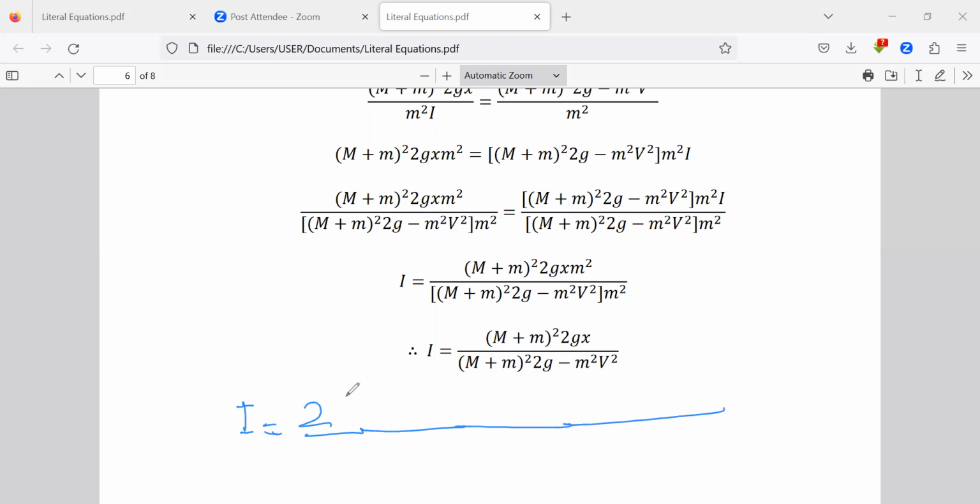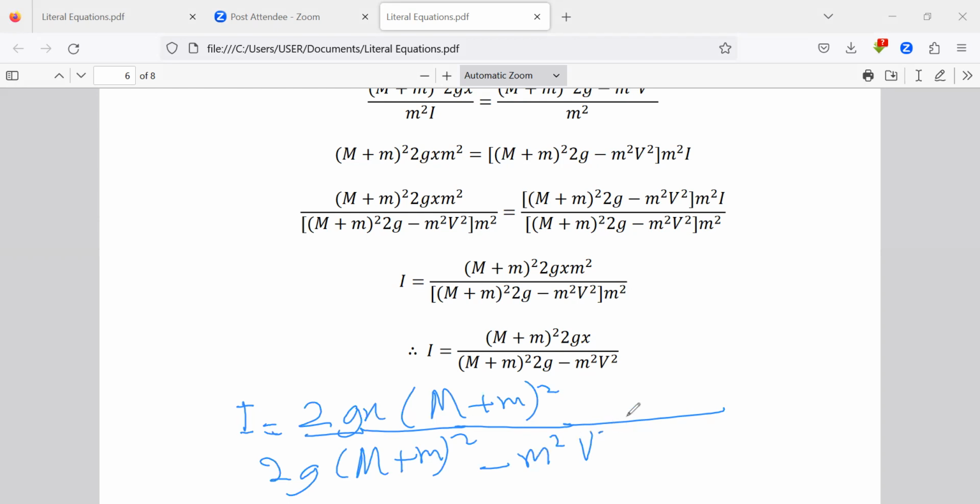So the 2 comes here. We get our gx, and then our capital M, our small m squared, and then down here too, we bring our 2g, and then capital M plus m squared minus m squared v squared.